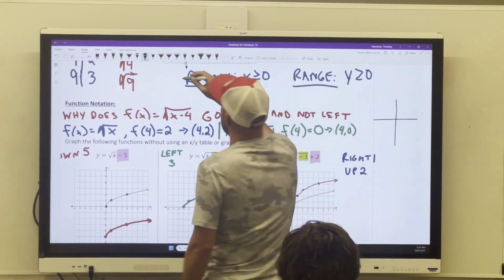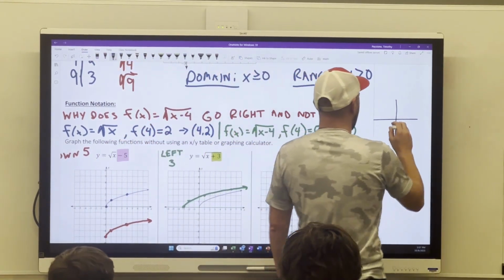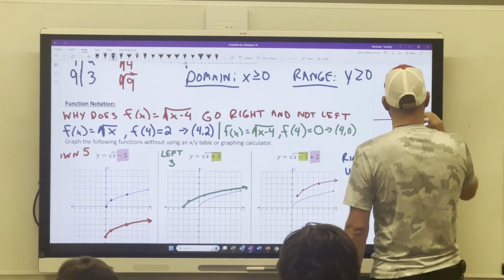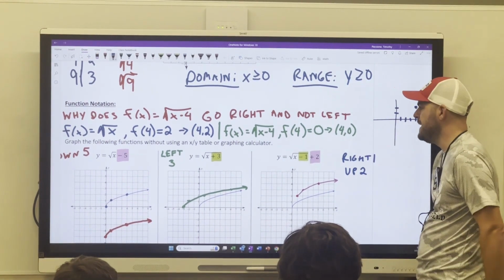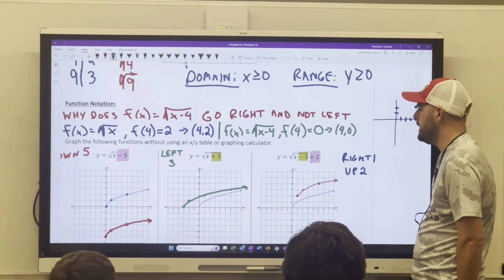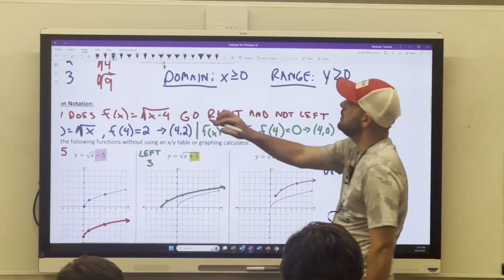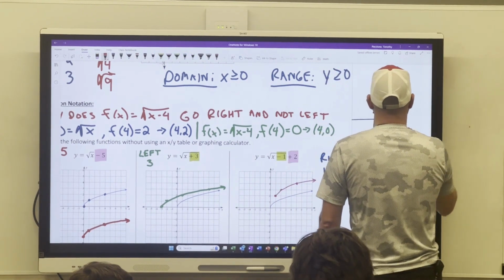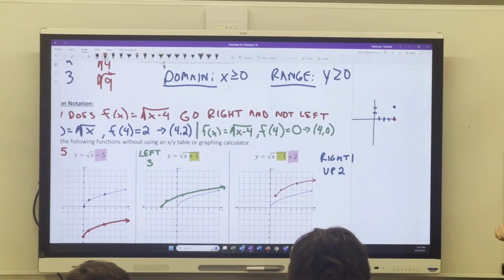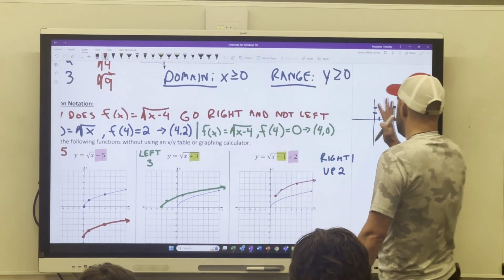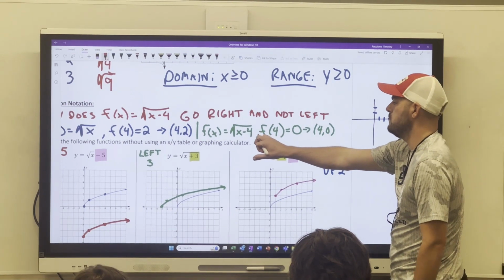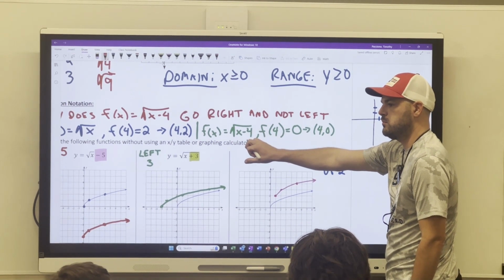It went in the parent function. We had 4, 2 here. And then in the other function, we got 4, 0, right? Okay. Well, let's add another point. What if I did 5? 5 minus 4, that's the square root of 1, right?